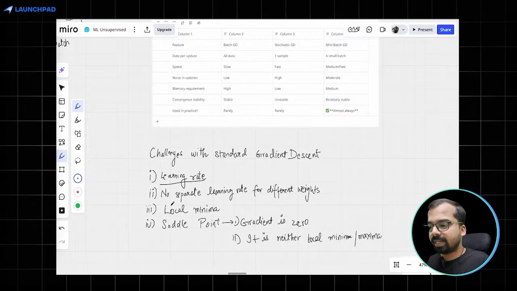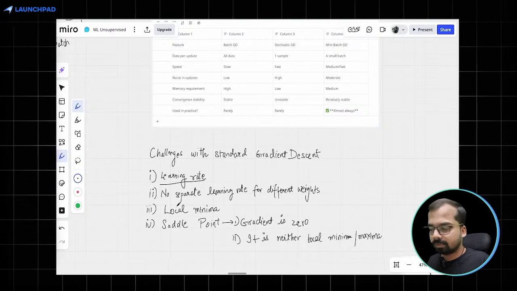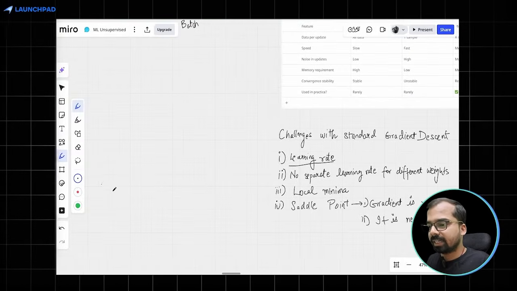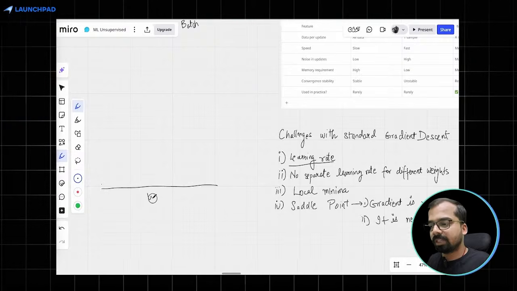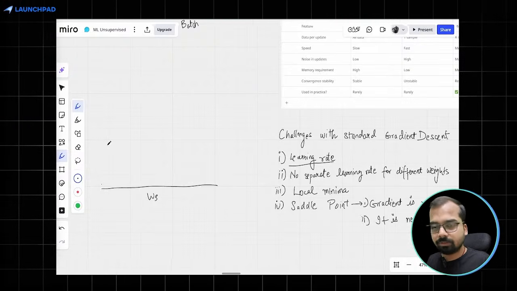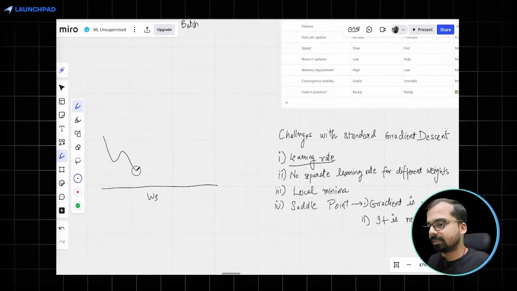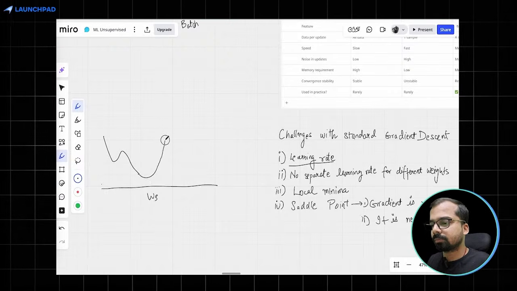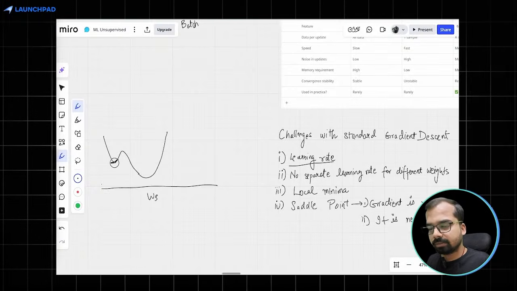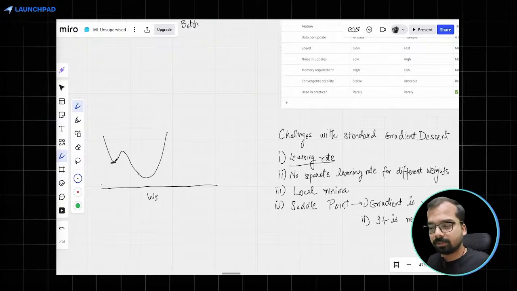Third point is it might be stuck in local minima. By local minima, so let's say I had the same thing. I had my W5 and I plotted my loss function with respect to W5 and it came something like this. Something like this, right? So here also if you see, here the slope is 0, right?